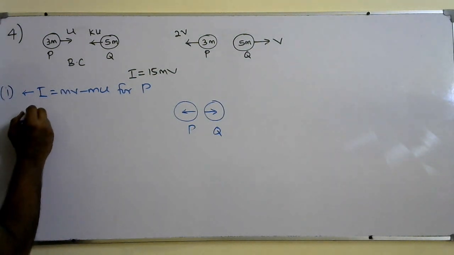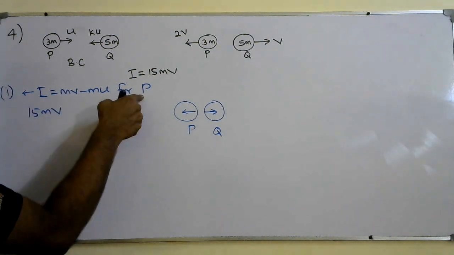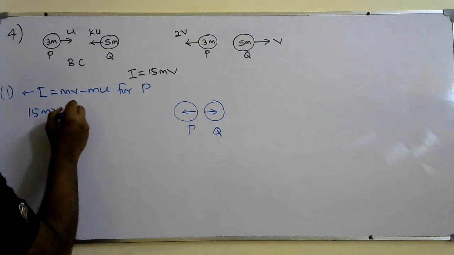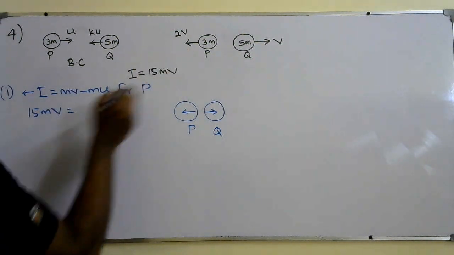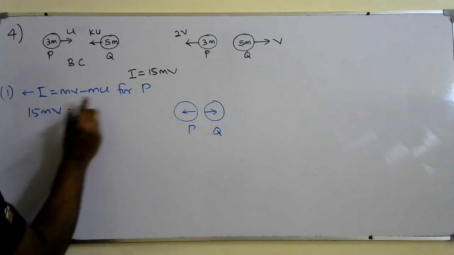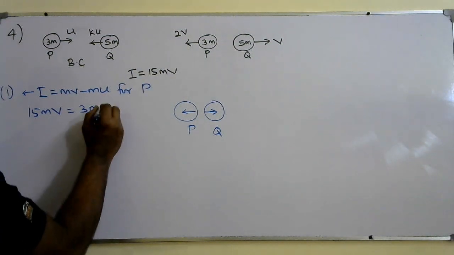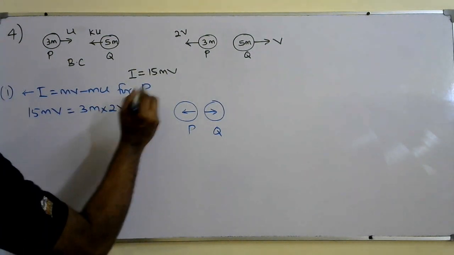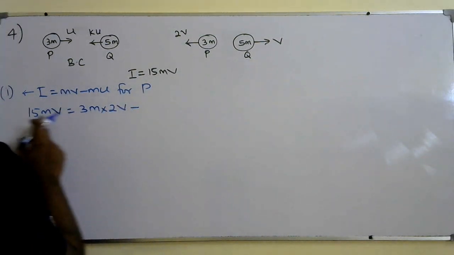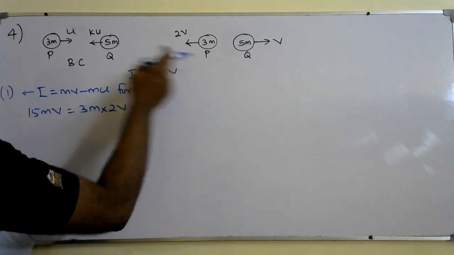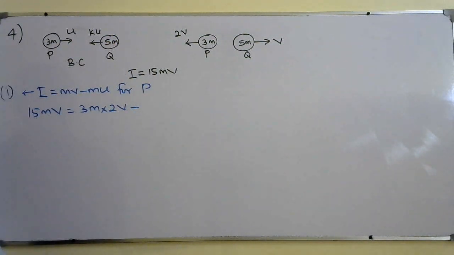Okay, so that is 15 mv I'm using for P. Final velocity to the left, so 3m into 2v, minus, I need to use for left because I know the P is going to experience impulse to the left.